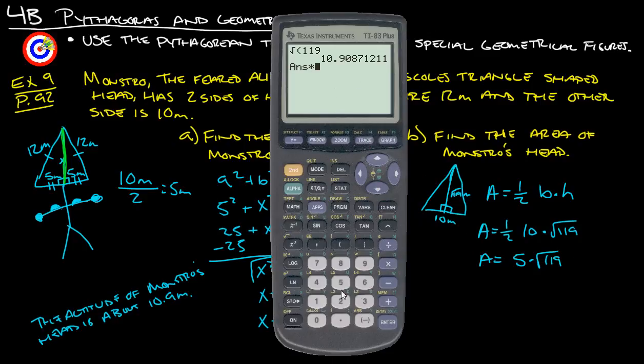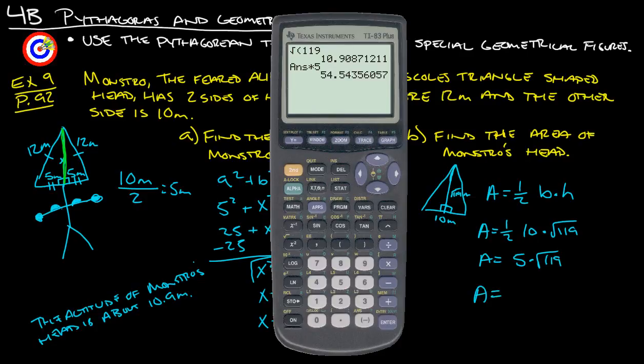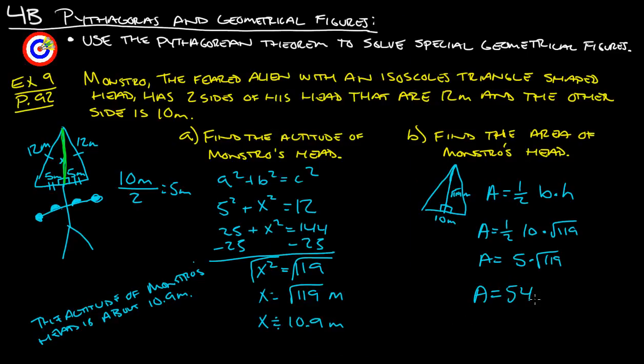There's our square root of 119. Let's multiply that by 5. And we get that the area of Monstro's head is 54.54 meters squared. Monstro has a big head.